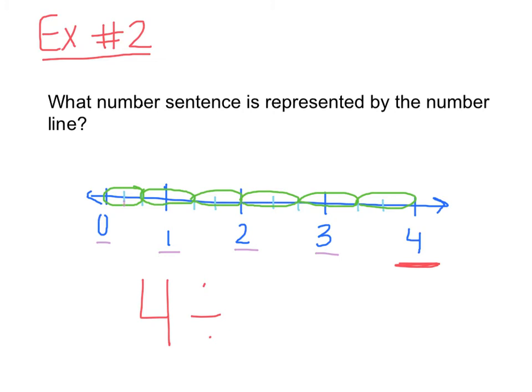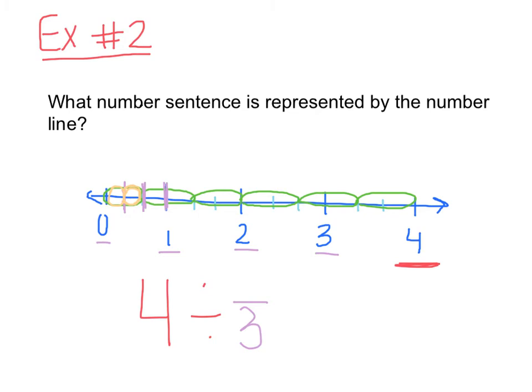We start at the next one. So there's 1, 2, 3 lines in between each. So that is my denominator. And then for my numerator, I want to count up how many sections these green circles are covering. And they're covering 1, 2 sections each.